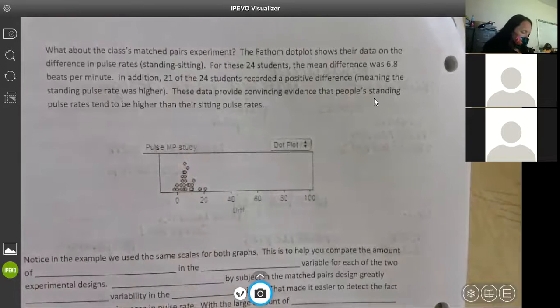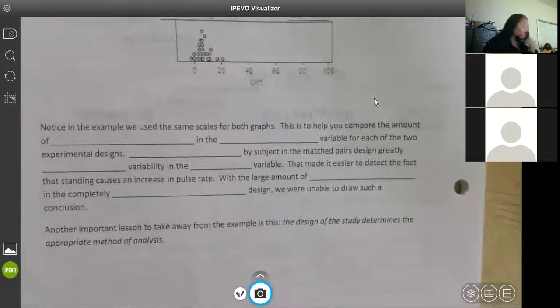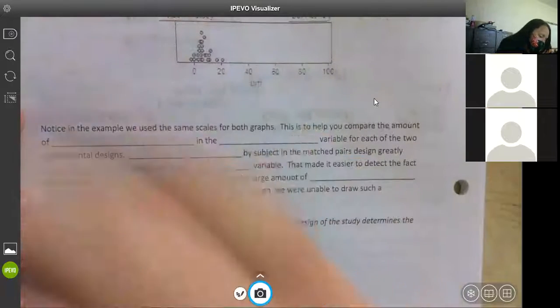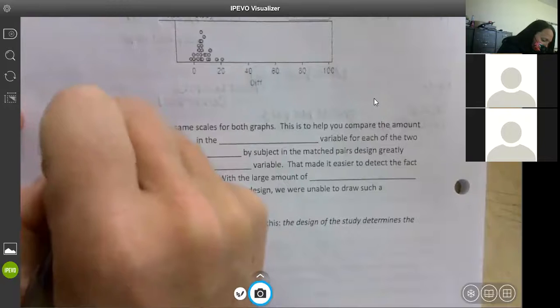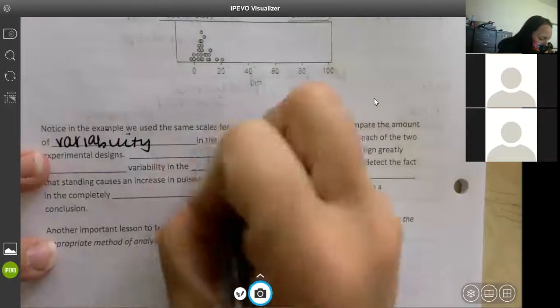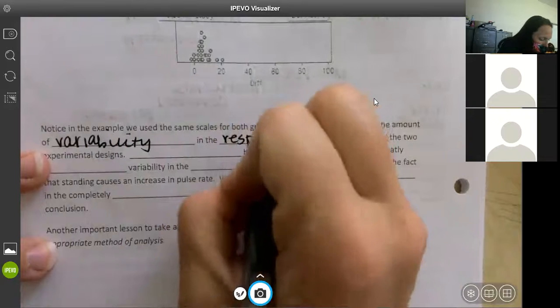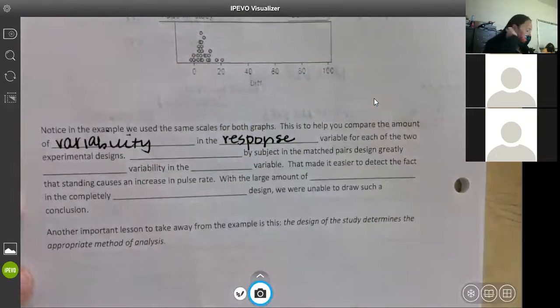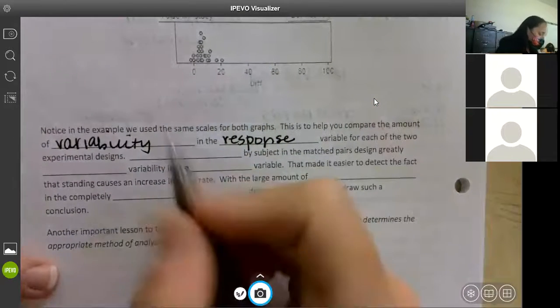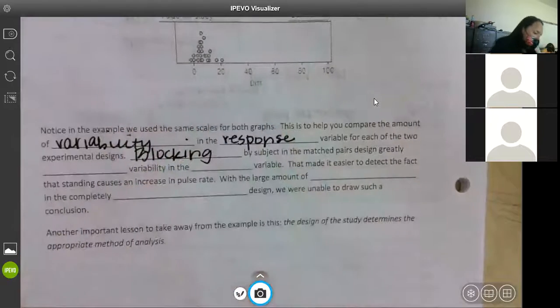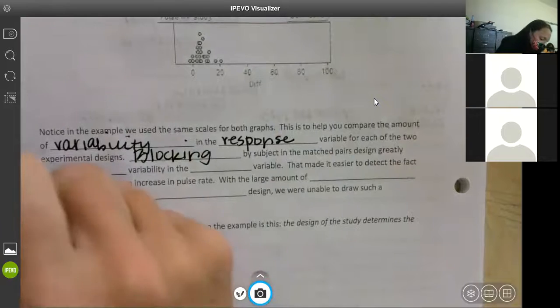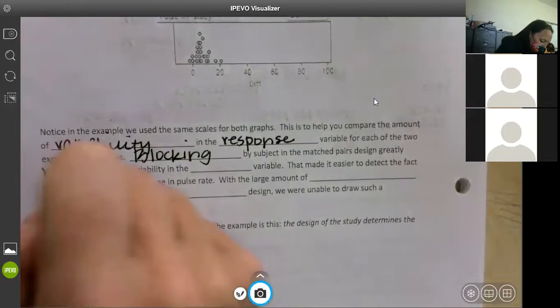All right. So notice in the example, we use the same scales for both graphs. This is to help you compare the amount of variability in the response variable for each group of the two experimental designs. Blocking by subject in the matched pairs design greatly reduced variability in the response variable.